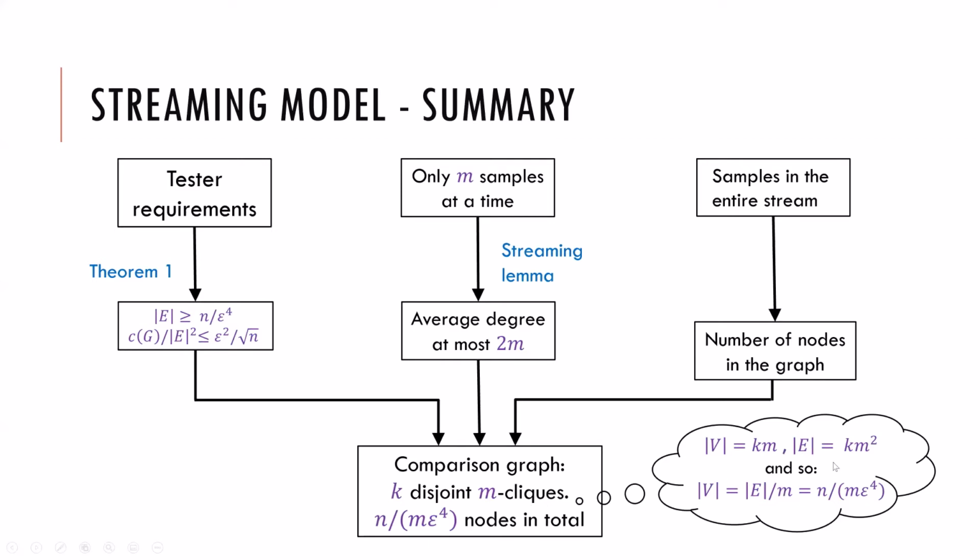I'm going to skip this small calculation, but it is very easy to calculate and see that the total number of samples in this model, for this comparison graph or this algorithm, is still n over m times epsilon to the 4th.